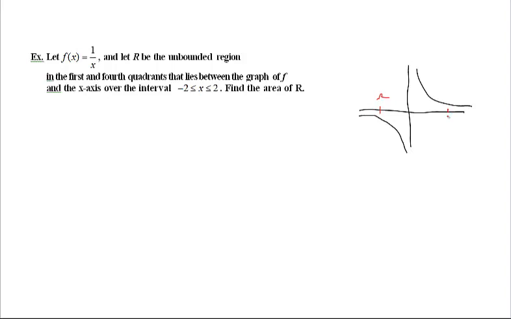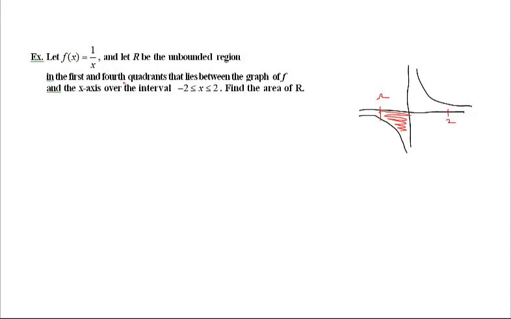So just real quickly looking at what we are being asked to find, this region, first and fourth quadrant. Oh, that doesn't make sense. Hang on. Yeah, interesting. I haven't noticed that before. I'm not sure where I got the worksheet from. I think at a workshop or something, but I think this is a typo.